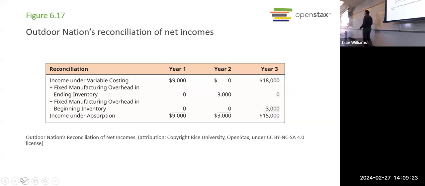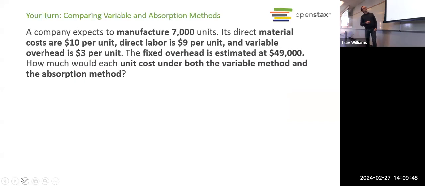So it's shifting things around in time. Okay? The basic thing to remember is variable costing is going to make the production manager look more profitable, but the company overall look less profitable. Okay, that's what it boils down to. But it still has value, and that's why we would still do it.